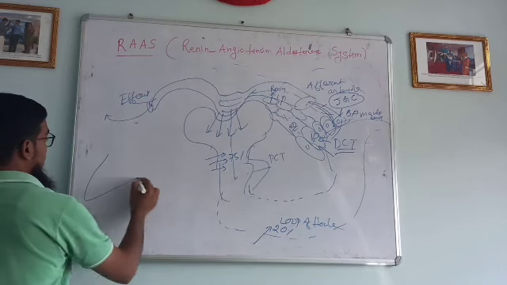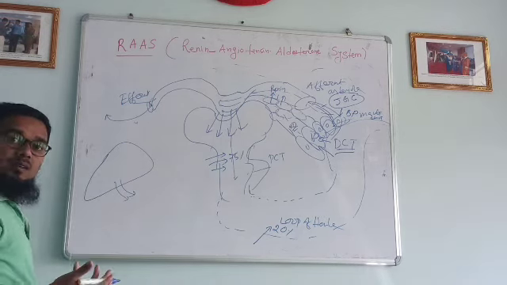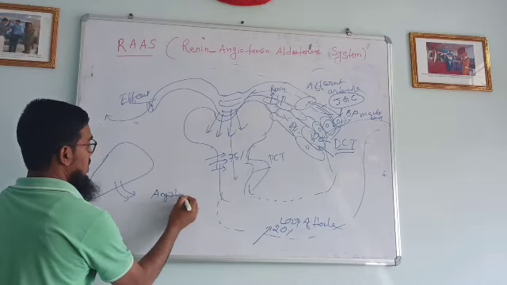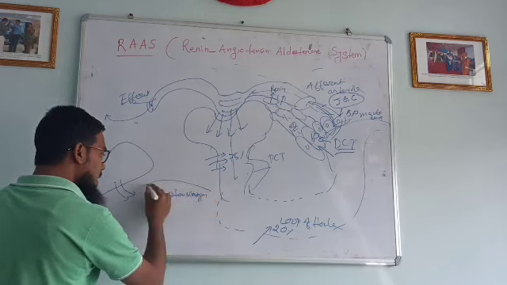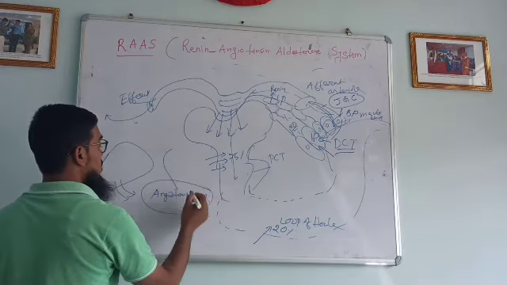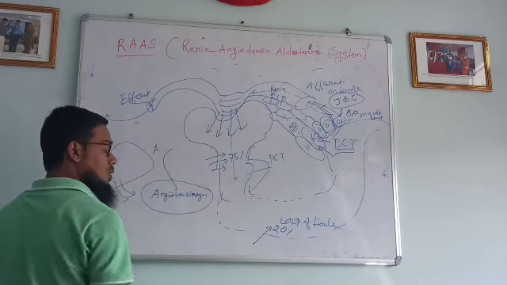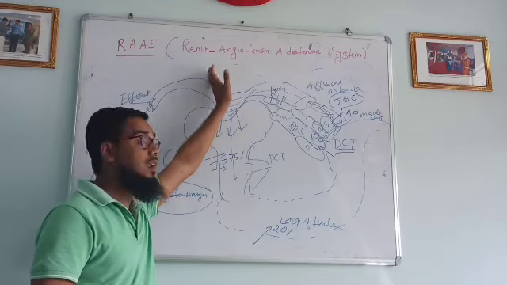And our liver, we know, continuously releases angiotensinogen, which is a precursor and is converted in the presence of renin to angiotensin 1. Finally angiotensin 1 reaches our lungs.